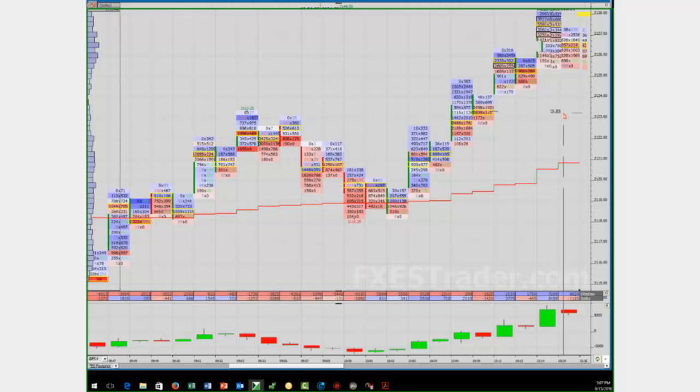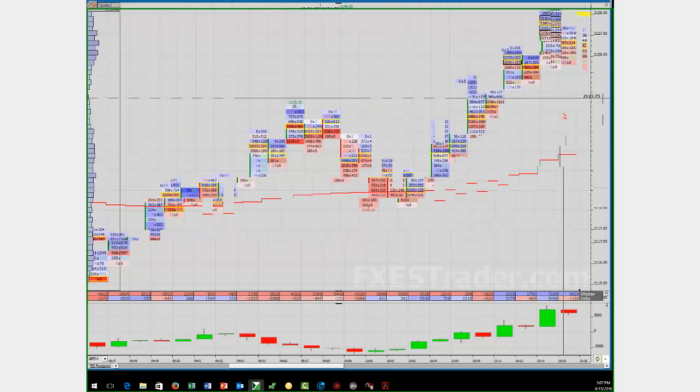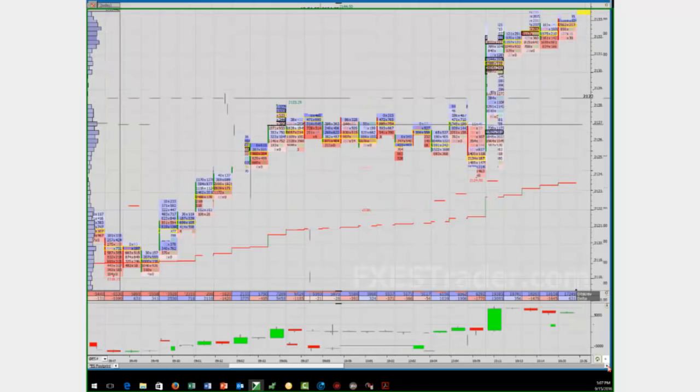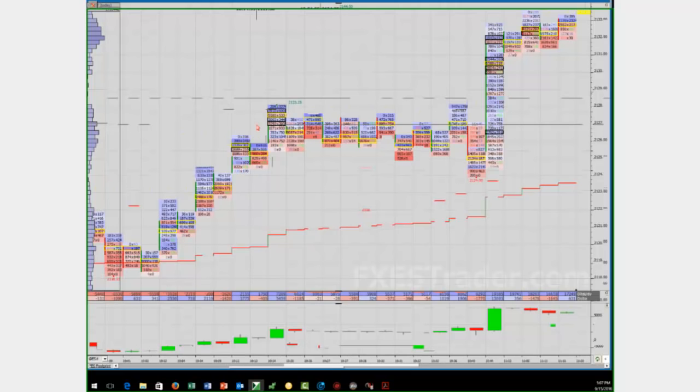So when we got to 27, notice the compact high volume going off here. We had also started to form our first single on the market profile chart, which was unconfirmed at that point.